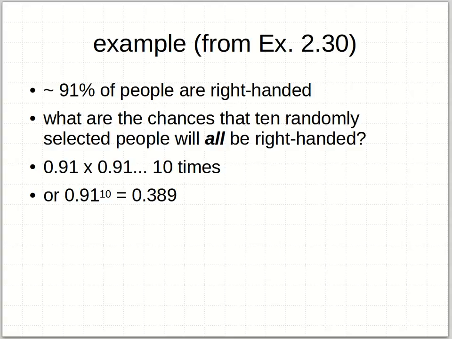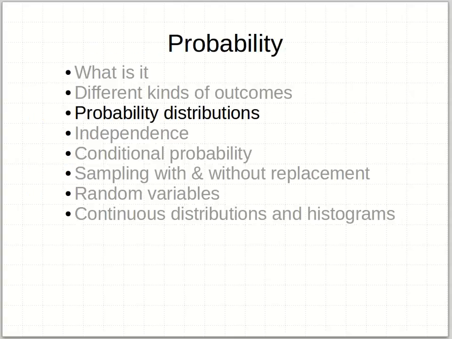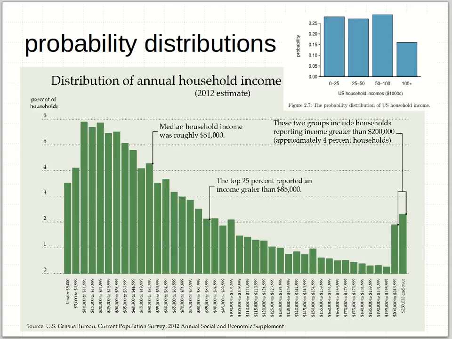Okay, so we can calculate distributions of probabilities by adding these kinds of chances up across lots of different samples. So let's give you a good example of what a probability distribution is. Probability distributions really come from having tallied up lots of possible outcomes among many choices. This is one that I think of fairly often when I think about a probability distribution. We hear about the 1%, right?